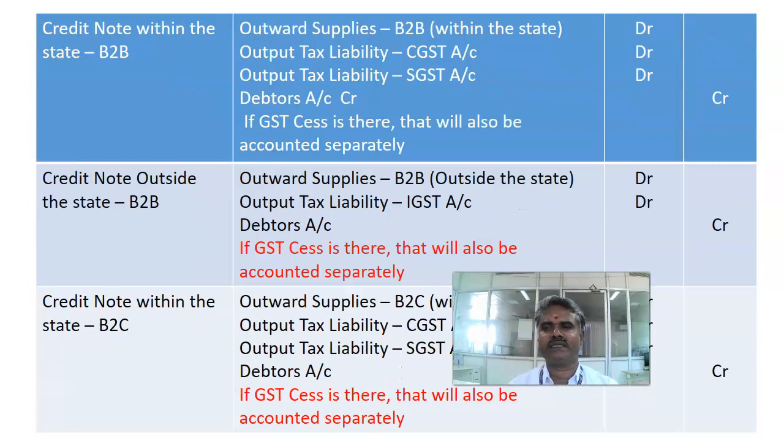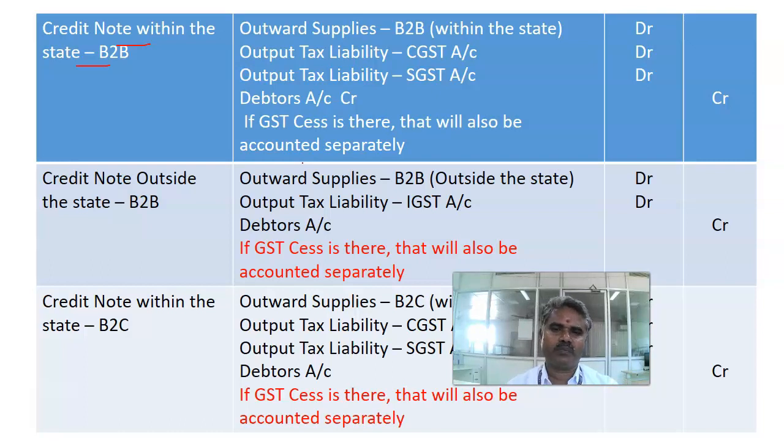Then credit note within the state. Credit note means when we paid GST more, it is opposite to a debit note. I mean, excess quantity, excess amount, or excess rate is mentioned at the time of issue. This is a credit note.